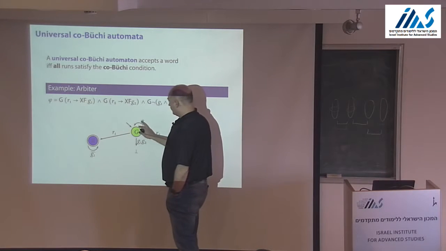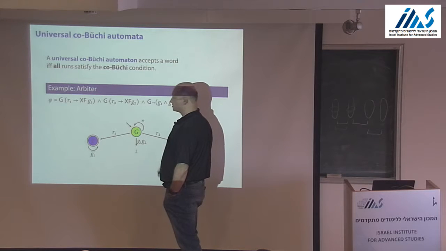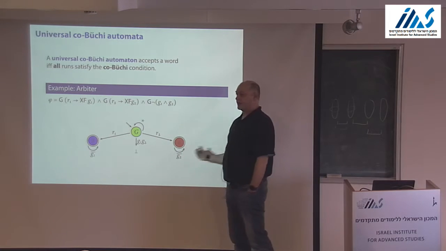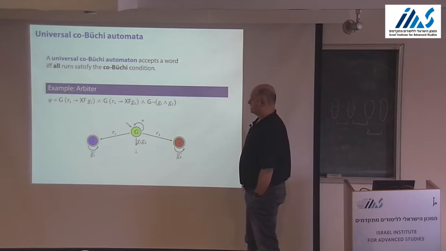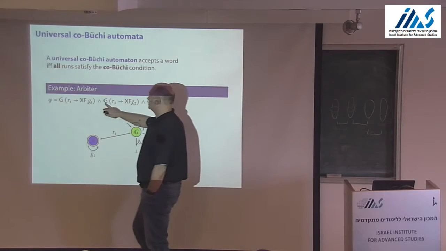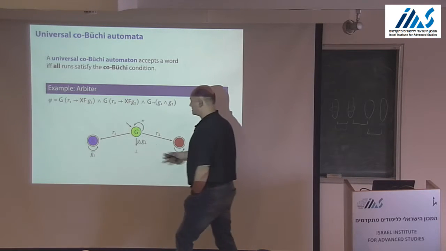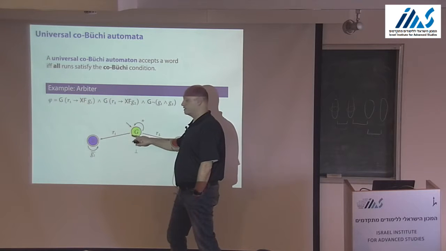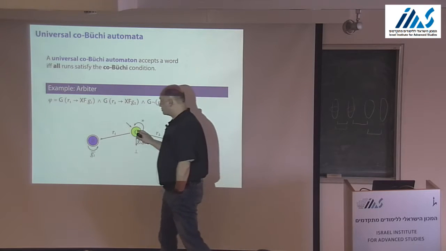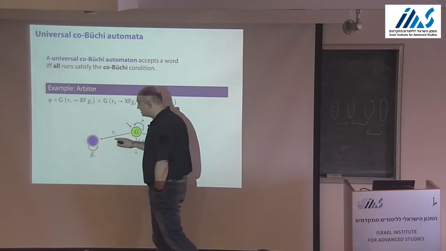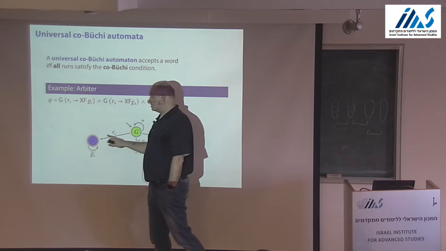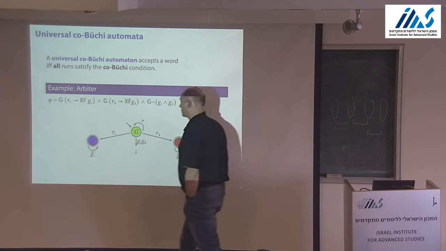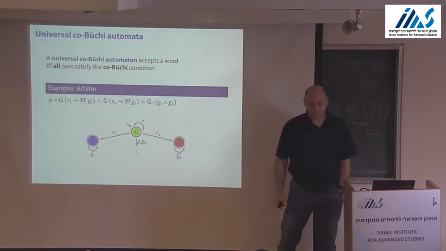Now there's also a self loop on the initial state, which means that we initiate this check in every step again. So this handles the globally. In every step, we are back in the initial state, and when we see an R1, then we sort of open a new thread that waits for the occurrence of a G1.